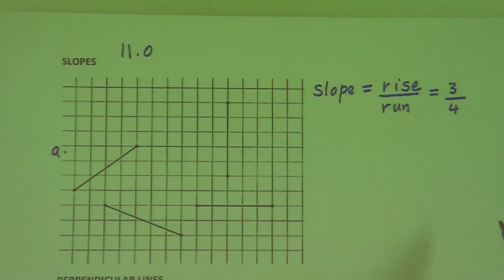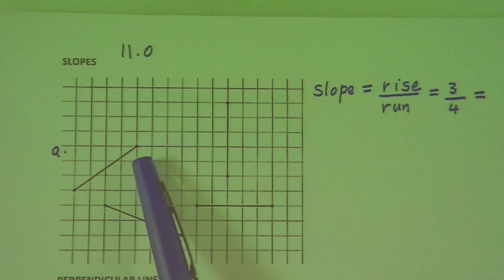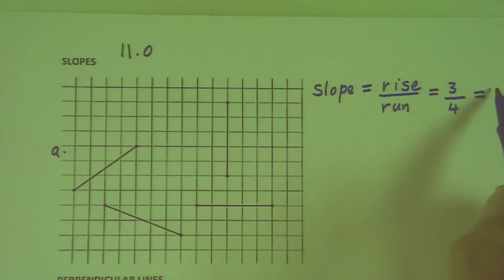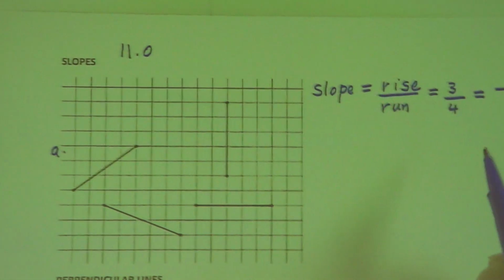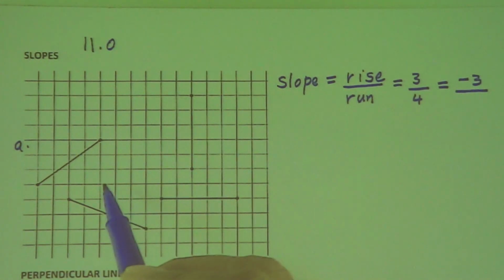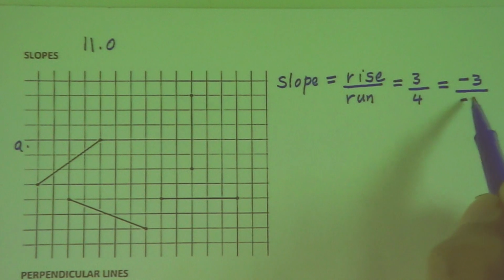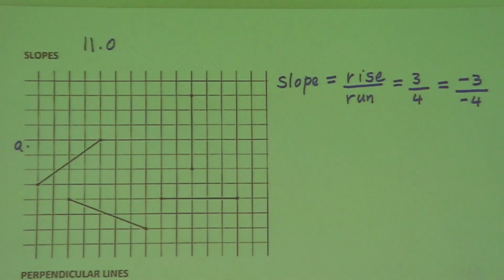If you run to the right, that's positive. Or, if I were to start from here, I will rise down 1, 2, 3. So that will be negative. Then I run to the left 1, 2, 3, 4. Now these two are equal.